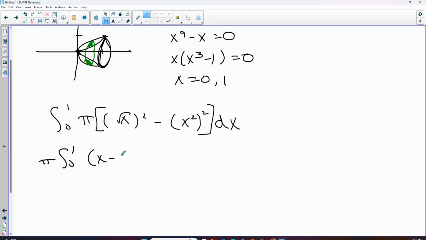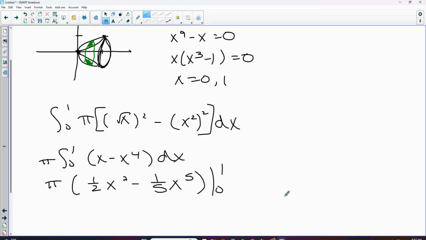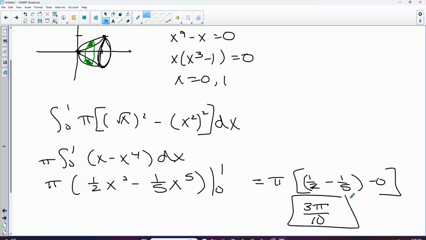So that's x minus x to the 4th. We have 3 pi over 10. Again, just like areas, those volumes should be positive. So if you're getting a negative, you've made a mistake somewhere.